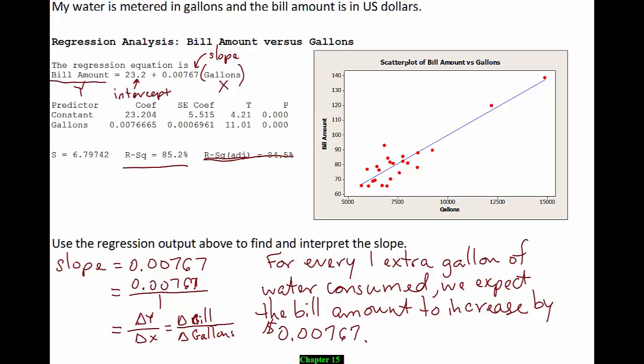To put this on a more relatable scale, if it goes up by $0.00767 for every 1 gallon, that means for every 1,000 gallons, it's going to go up by $7.67, just so you can get an idea of how much water costs.